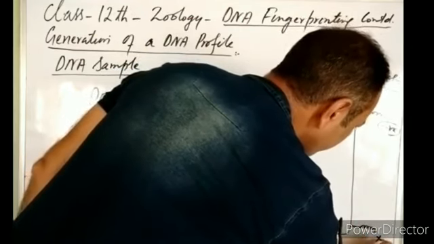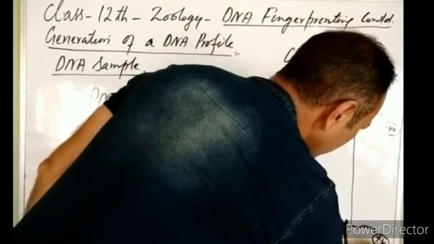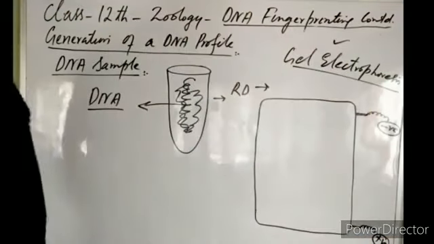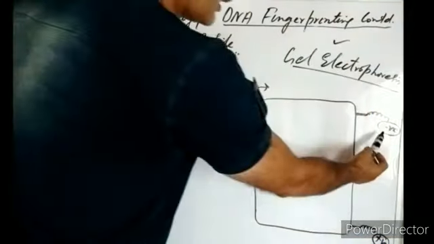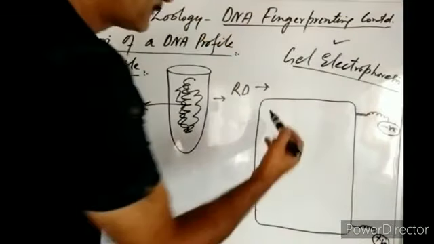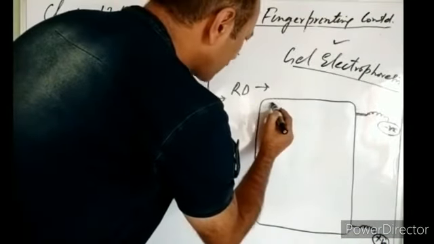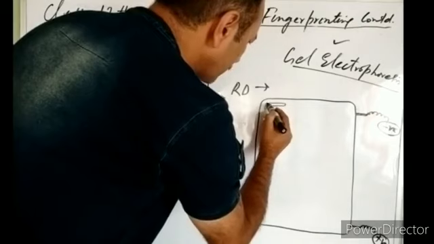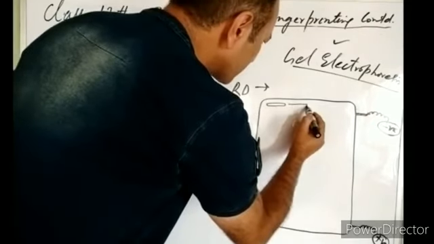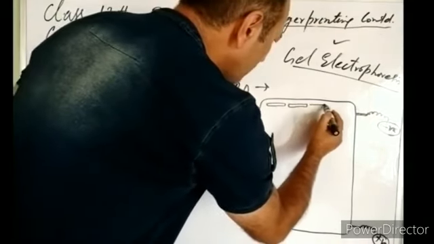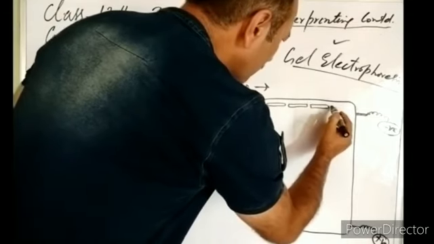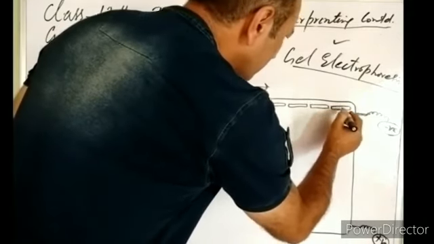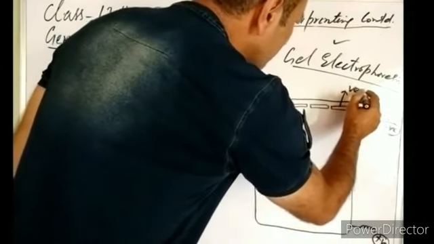On one side, they give the electric current. This is the negative, this is the positive electrode, right? This tray has small depressions or pits in it, which are known as the vents.